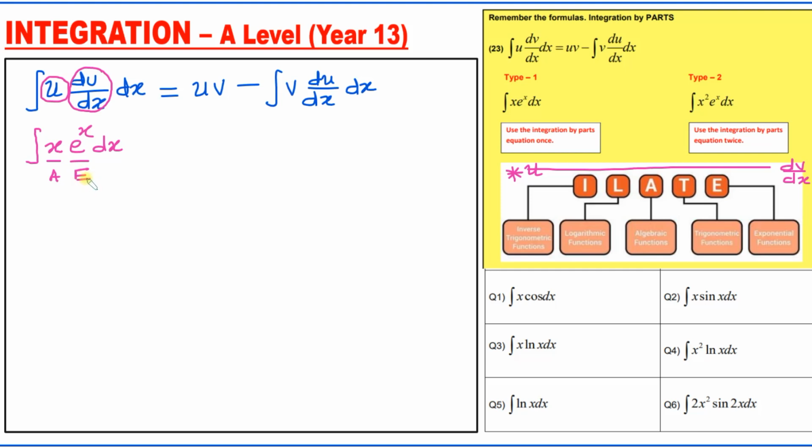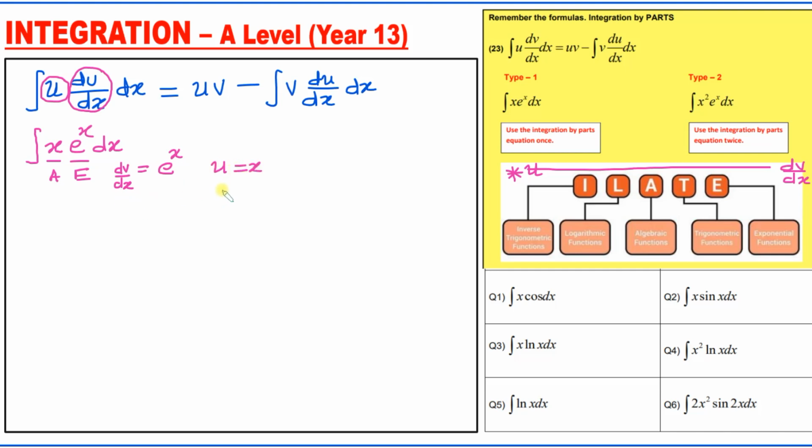E means the exponential function is nearer to dv by dx. So e to the power x, I am going to assign as dv over dx, and the algebraic function is closer to u, so my u is x.